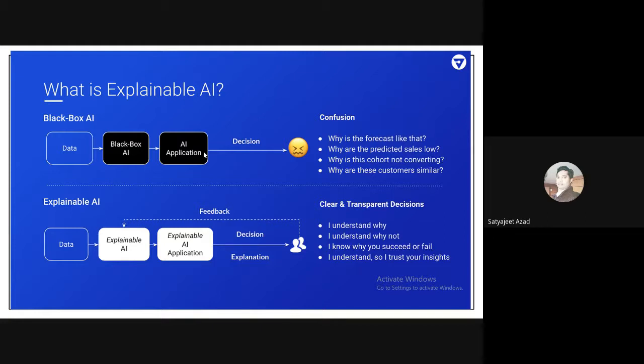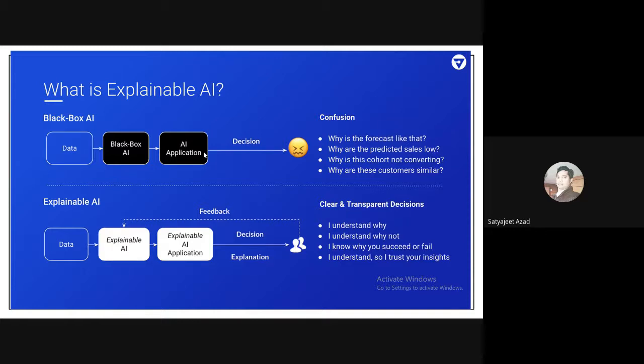These confusions will still be there even if you build machine learning models in the traditional way. But the concept of explainable AI comes in to clear this confusion. Now in explainable AI, you have data, and after the black box, there is something called explainable AI, a framework that we can apply.